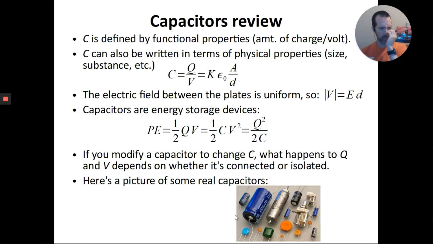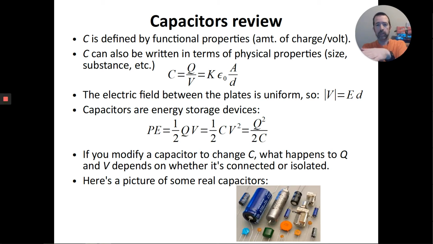And when I put this photo in last week, I didn't explain the difference in appearance between these and the giant metal plates that I was talking about. Most of these capacitors are cylindrical, and the way they build those is basically they have 2 big sheets of foil, which are like those parallel plates. They put some kind of a dielectric between them.